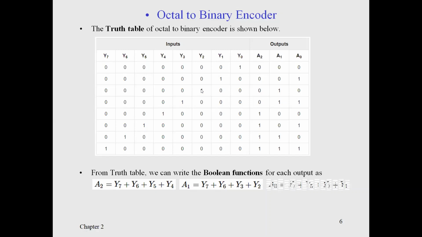And A0 is equal to Y7 plus Y5 plus Y3 plus Y1. So this is the Boolean function realization. We can implement the above Boolean function by using 4 input OR gates.